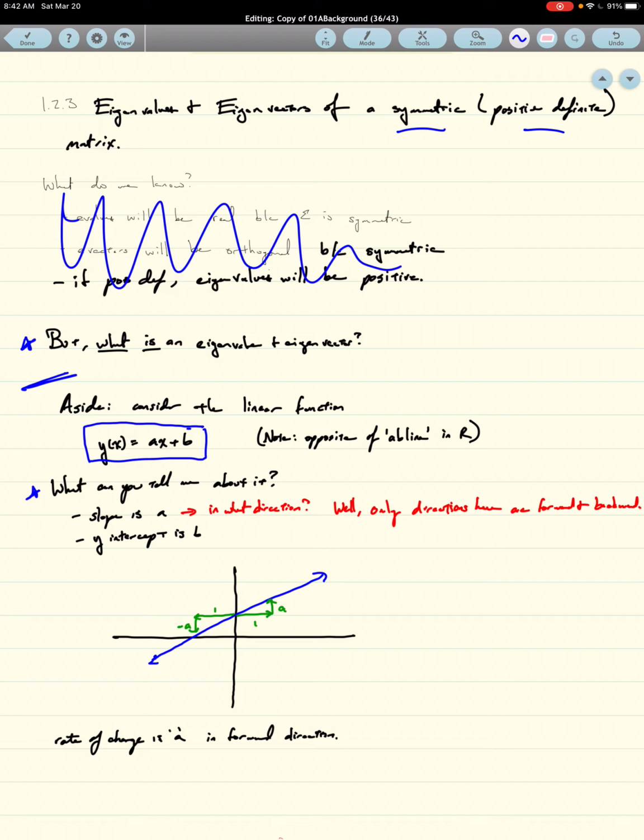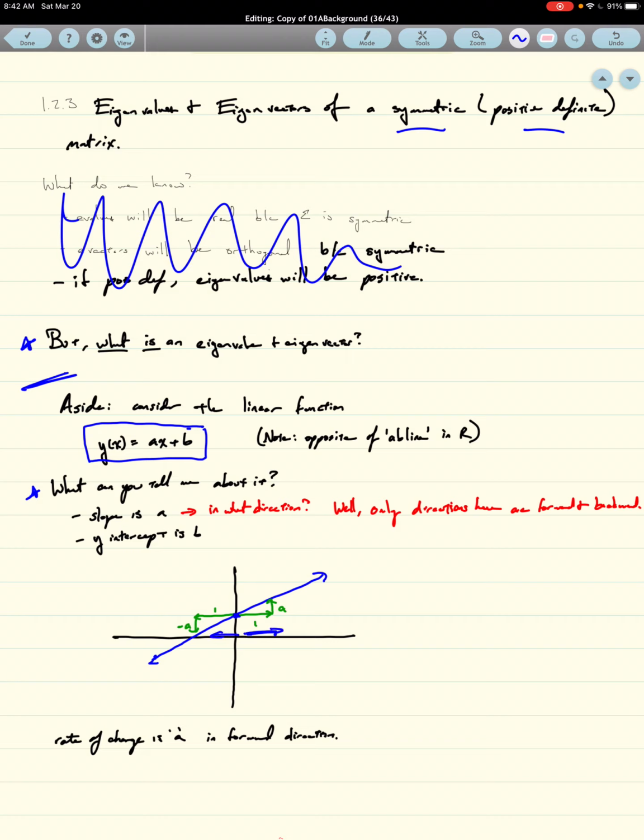Well, you'd probably reply, what do you mean, what direction? And that's a completely sensible way to reply, because there's really only one direction to talk about. If we're talking about this linear function, which I've drawn here with intercept b and with slope a, you can either move forward or you can move backward.